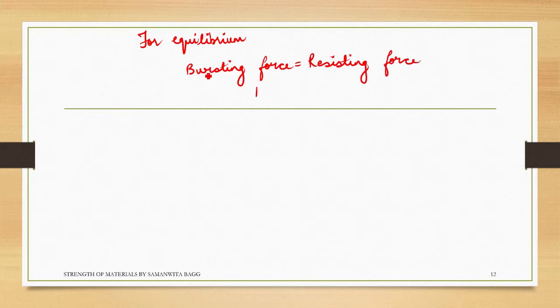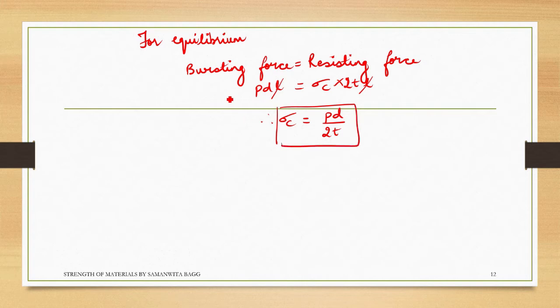So I'll have bursting force PdL equal to resisting force sigma C into 2T into L. Now this L gets cancelled from both the sides. So what remains as the formula for sigma C is PD upon 2T. This is called circumferential stress for the thin cylinder.